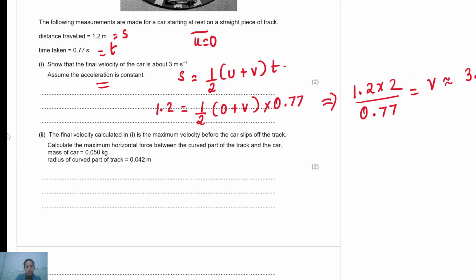Let's do this one. The final velocity calculated is the maximum velocity before the car slips off the track. So that means the maximum velocity it needs is around this much. If the maximum velocity goes beyond this, the car is going to slip off. Calculate the maximum horizontal force between the curved part of the track. Okay, now because it's a curved part, the question wants us to know something called centripetal force, but let's not get there.